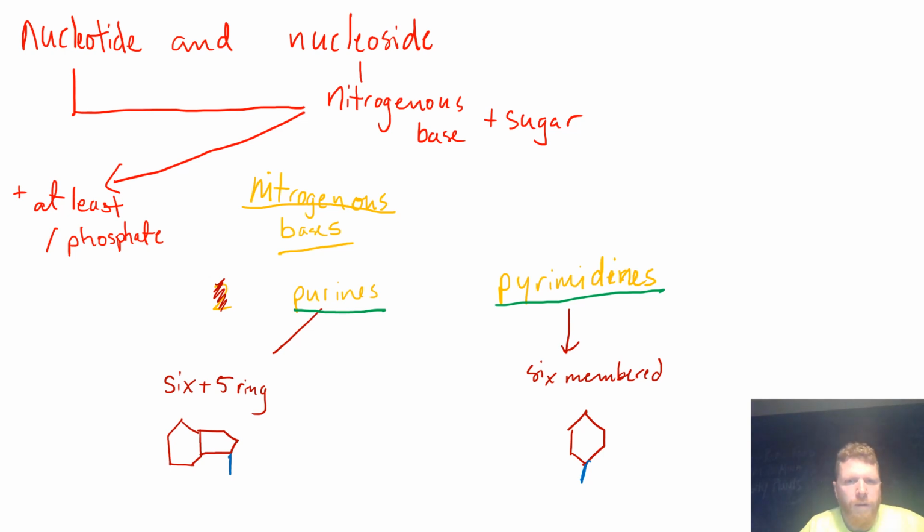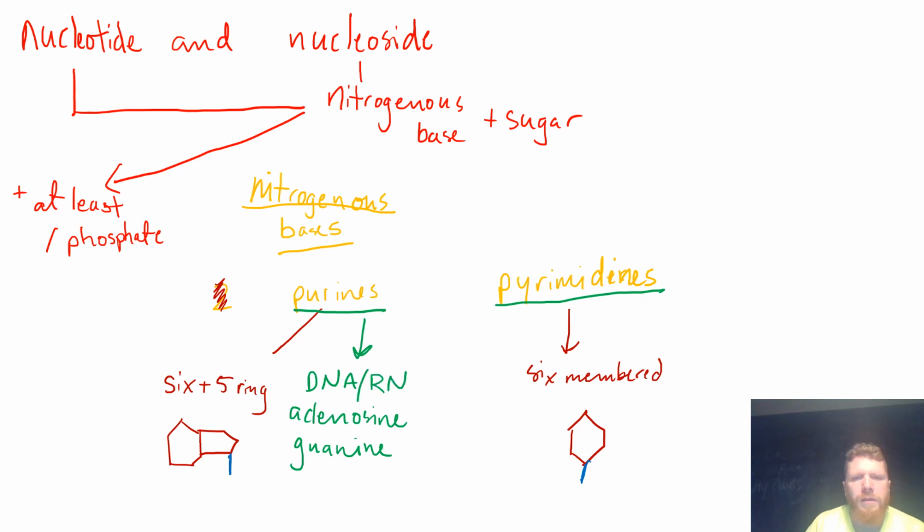For instance, the purines, if you are talking about a DNA molecule, are adenosine and guanine. Now, if you are talking about RNA, you're talking about the exact same molecules. Pyrimidines, on the other hand, are a little bit different.